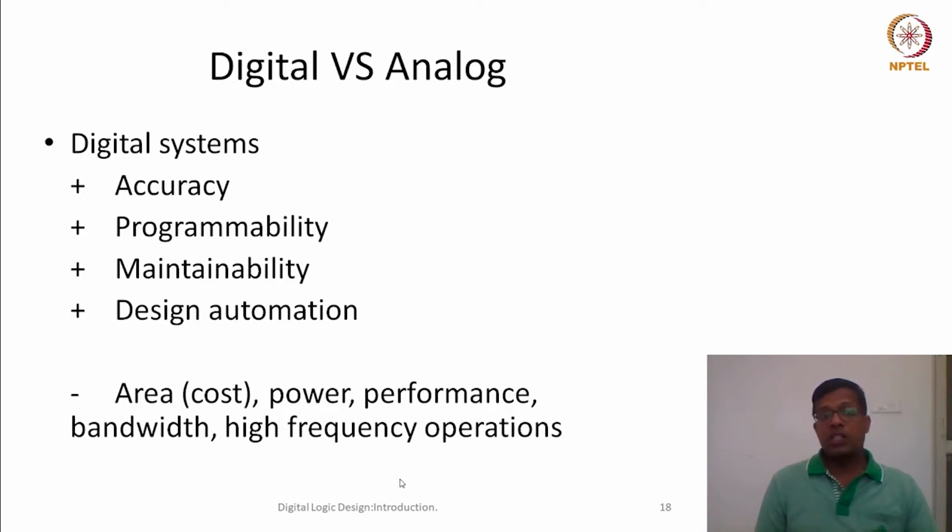The other thing is the effect of environment. For example, temperature is increasing, humidity is increasing. Because of that, electrical properties of your basic circuit like resistance, capacitance, and inductance will also change.